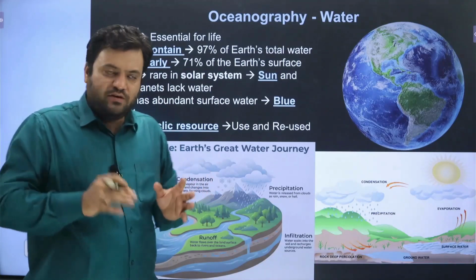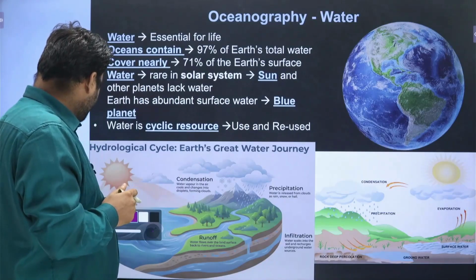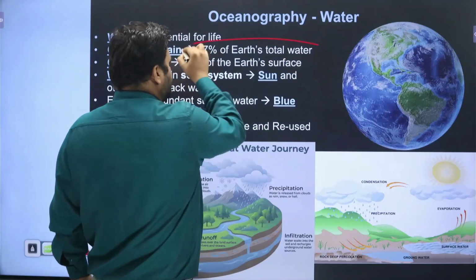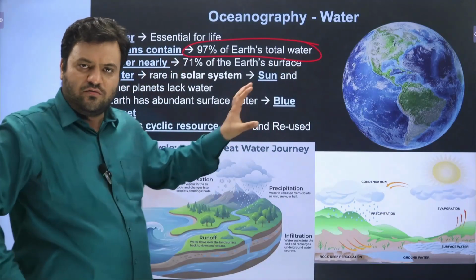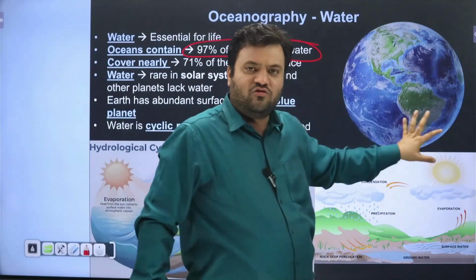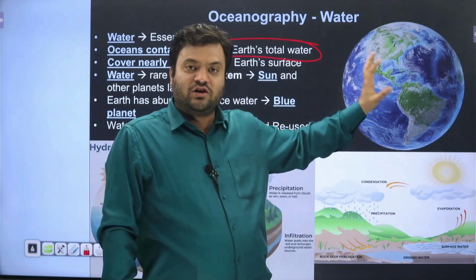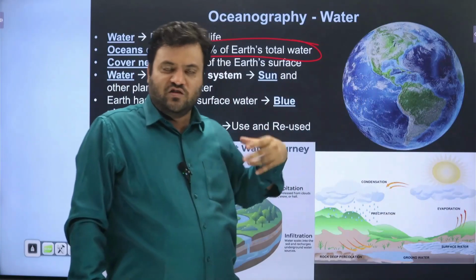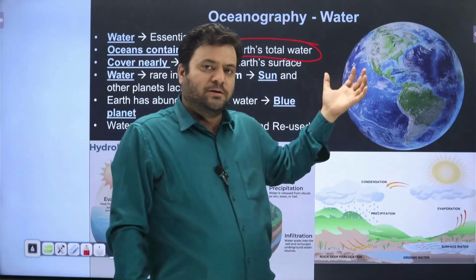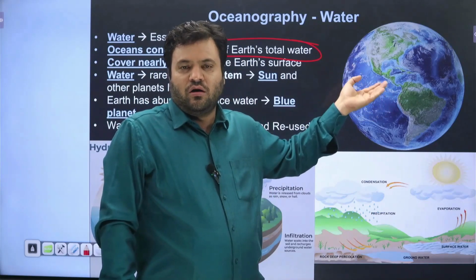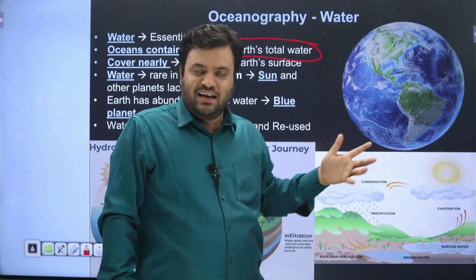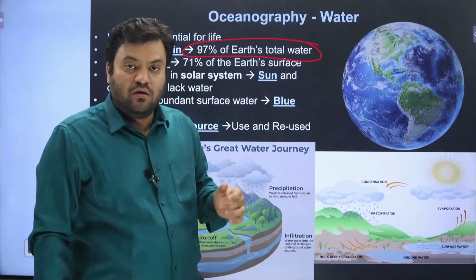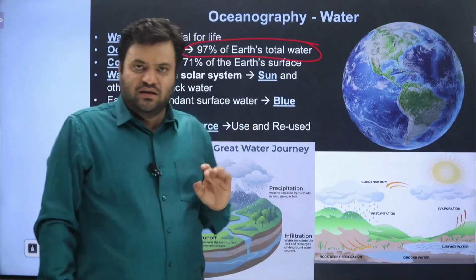Now, the water which we see on our earth's surface is basically 97% of the total water which is there. That water is confined in these oceans. Only 3% is fresh water, and that 3% fresh water is available for us to consume, because it is not ideal to use this ocean water for daily purposes, and even industries cannot use this ocean water, because ocean water has salts, or salinity.